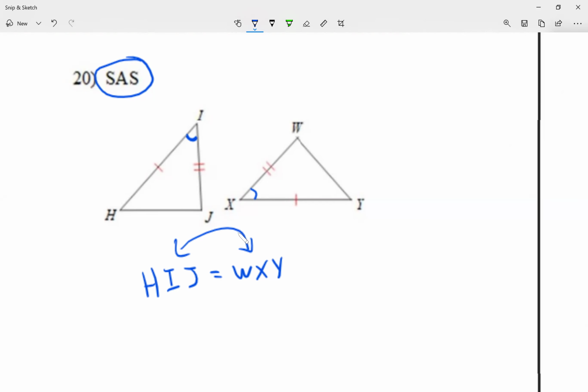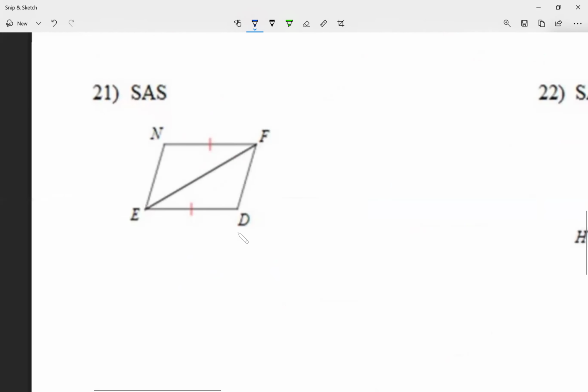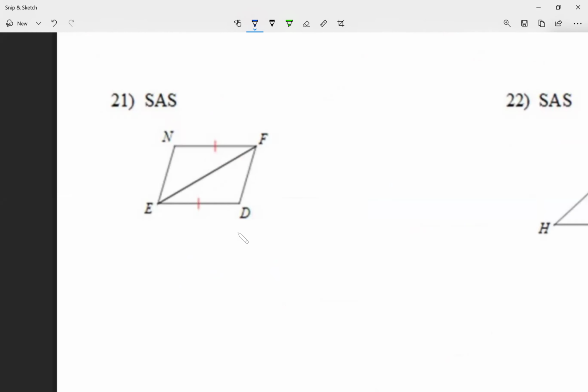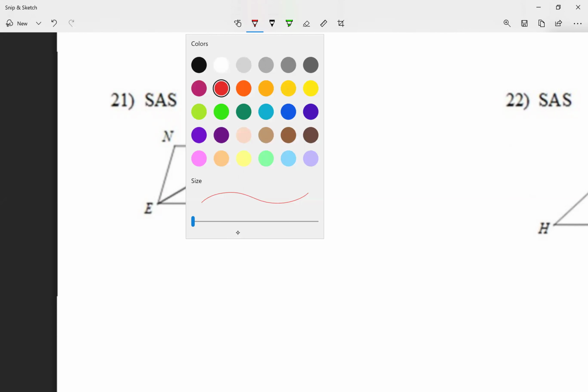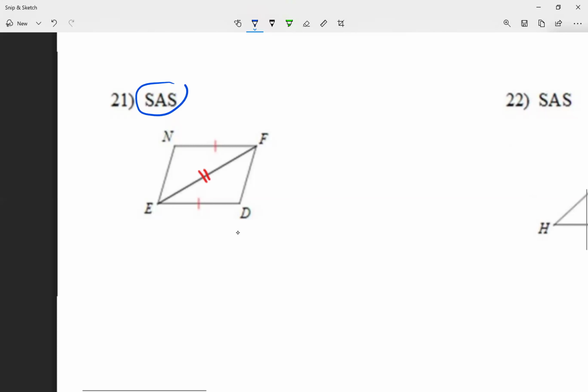Now let's take a look at number 21. Indirectly, I think I see that side EF. You see the side EF is used by both triangles? So I can mark that side, because side EF from one triangle is equal to side EF of the other triangle. It is the same side, so I know that it's equal. I need this to be side angle side, so two sides and the included angle.